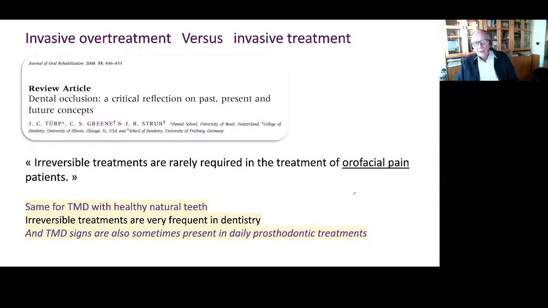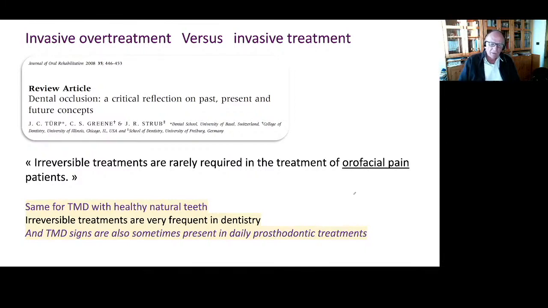Okay, invasive overtreatment versus invasive treatment. Invasive treatment is a characteristic of dentistry. When you treat something in dentistry, we make a hole in a tooth, we prepare the tooth, we bond something on the tooth, we move the teeth, we open the gingiva, and so on.